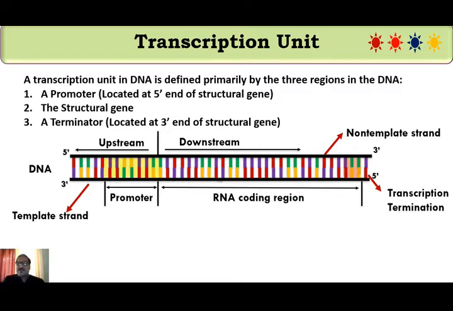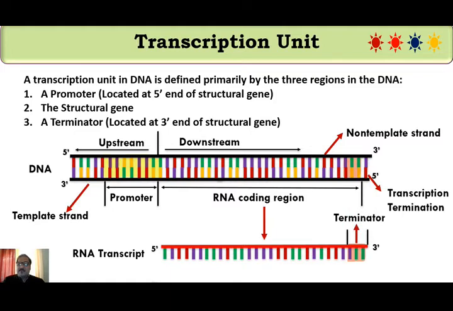Please remember this because we'll be using these terms. Then this RNA coding region, through a process called transcription, synthesizes this mRNA. So this mRNA will be having the coding regions and a terminating region.